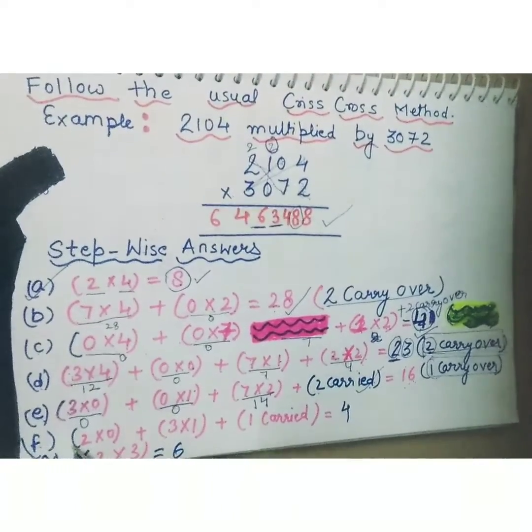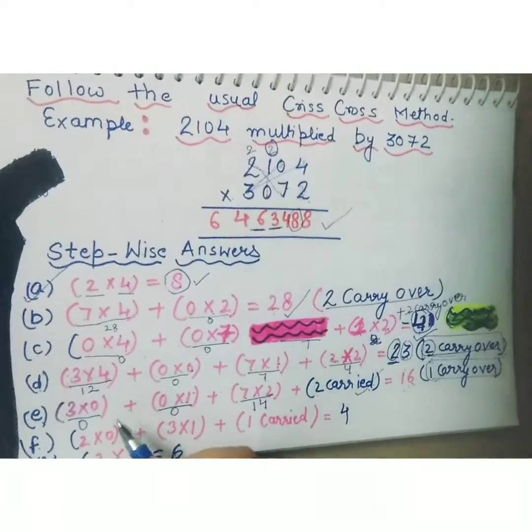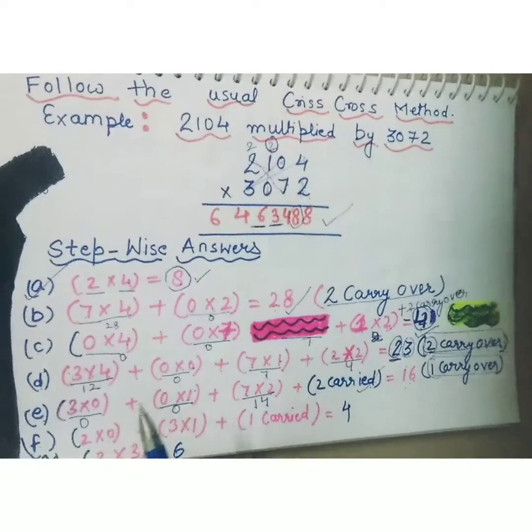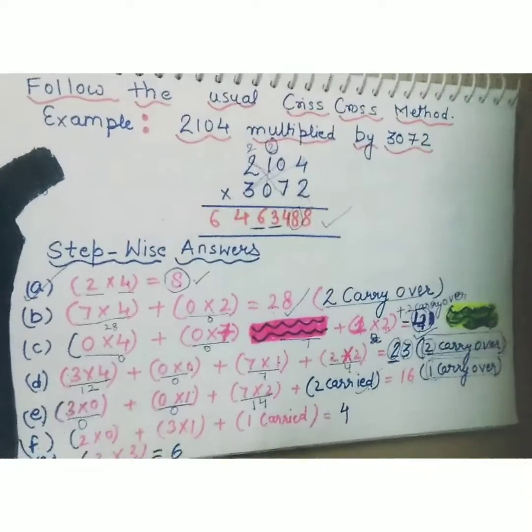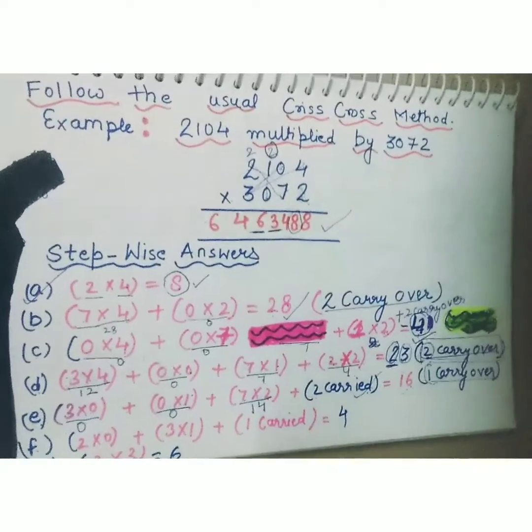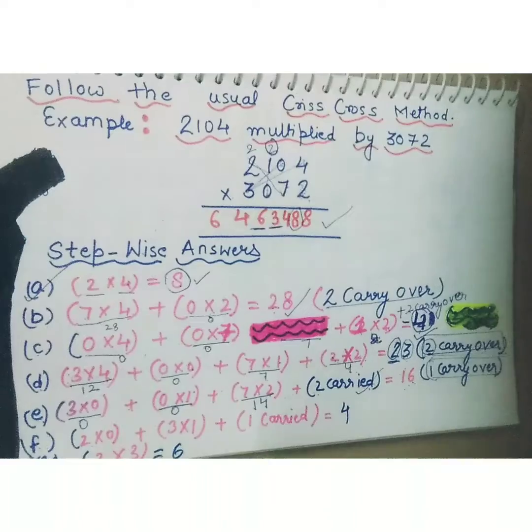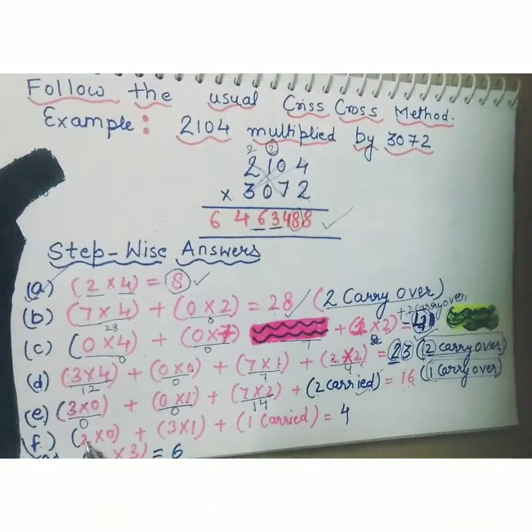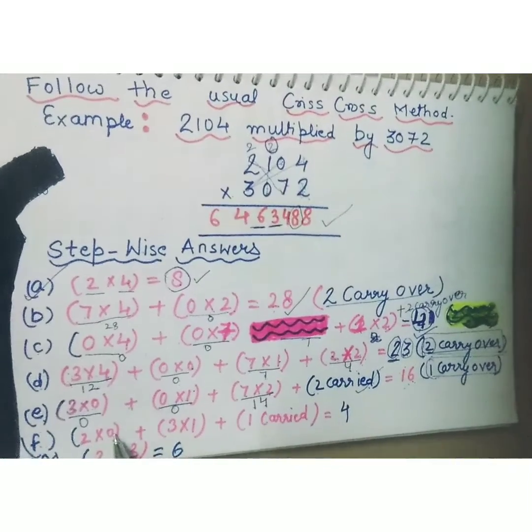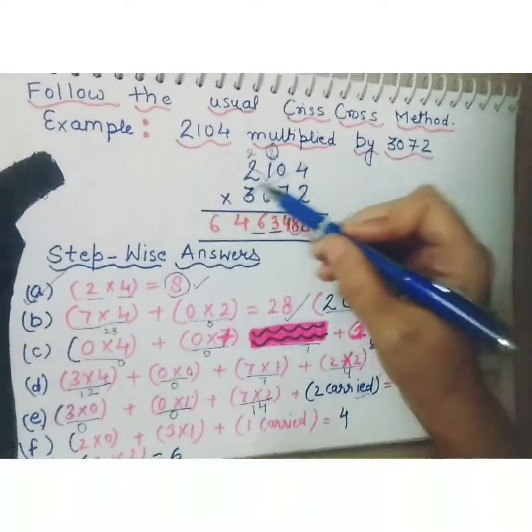In step 6, we will again use the I cross I method. I have shown you all the 7 steps earlier, how we use every step. In this step 6, I am going to show how I applied the crisscross method.